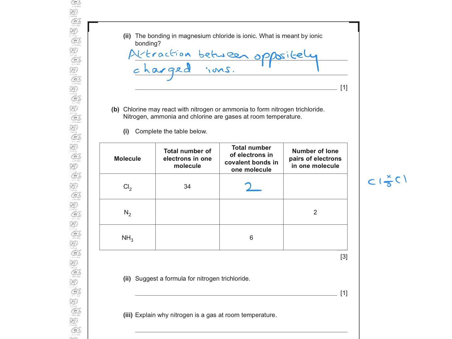So if I just try and draw them in here, like that, so you can see this chlorine has 1, 2, 3, 4, 5, 6, 7 originally. This chlorine will have the same number. Already got 1, and 2, 3, 4, 5, 6, 7.